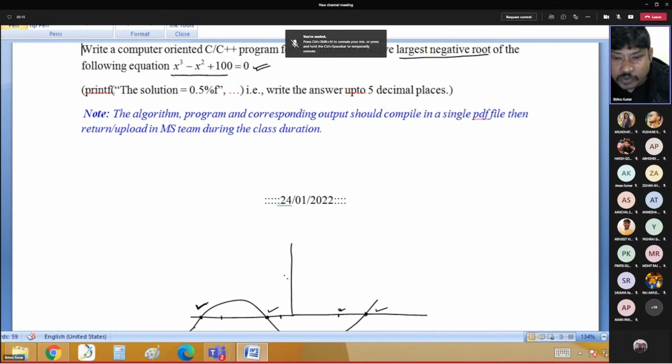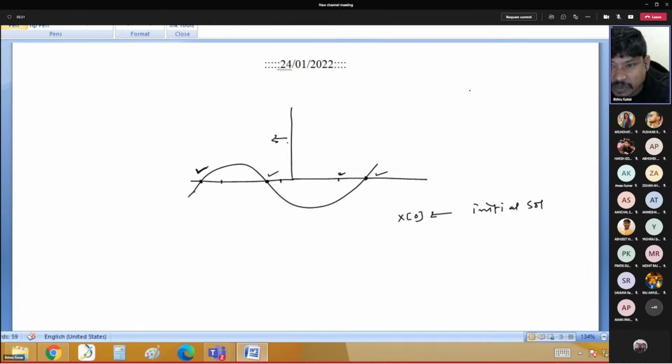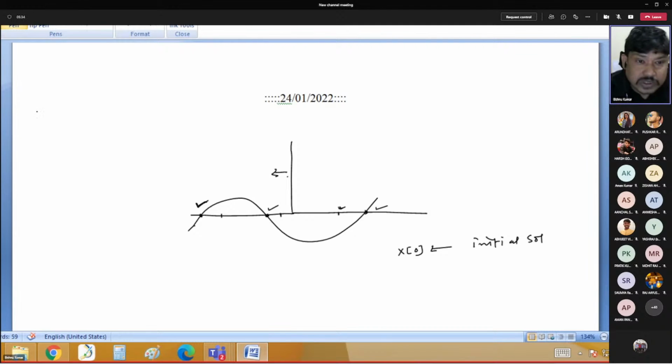The logic is you will search the point from the origin to the left-hand side. Initially, for your program, I told you, consider x0 equals 0. In the bisection method, as I told you, you calculate the functional value f of x0, then -5.